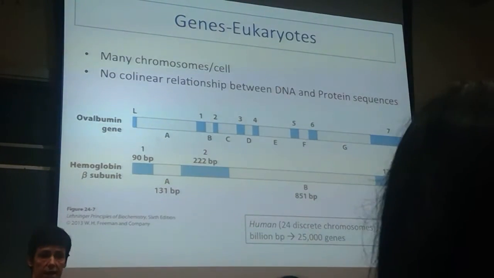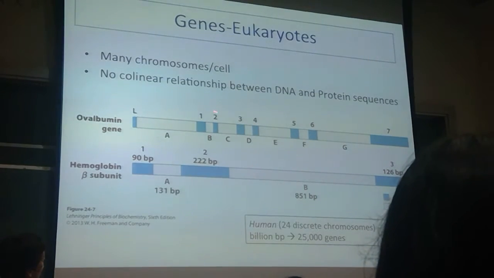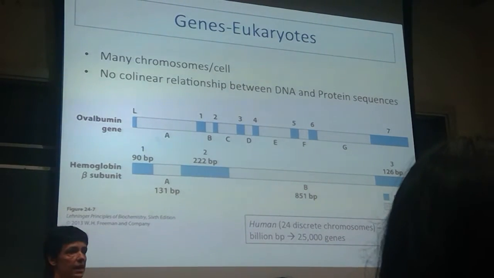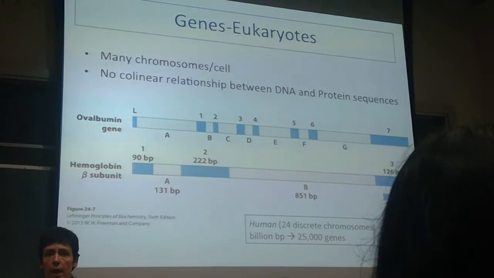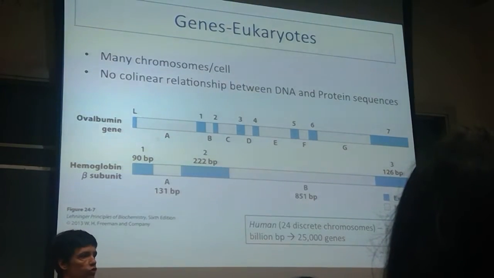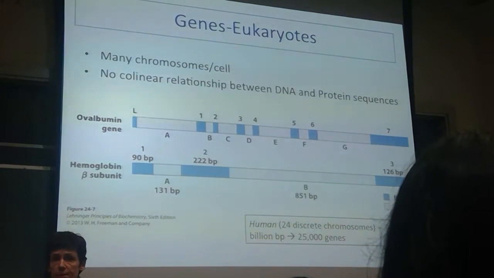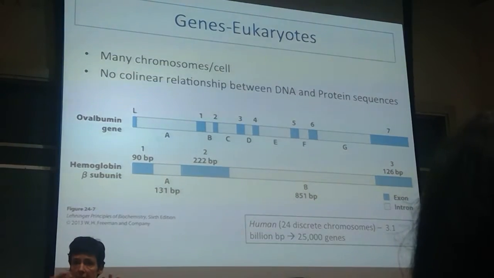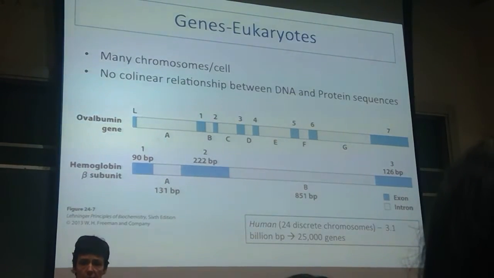For eukaryotes, it's much more complicated. You have few parts of the gene that are actually coding. So the blue here is what's coding. The gray here is what's not coding. So you have no collinear relationship, because you take your DNA, you make copies of genes to make an mRNA, okay?